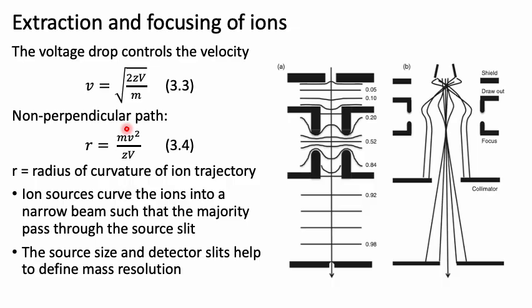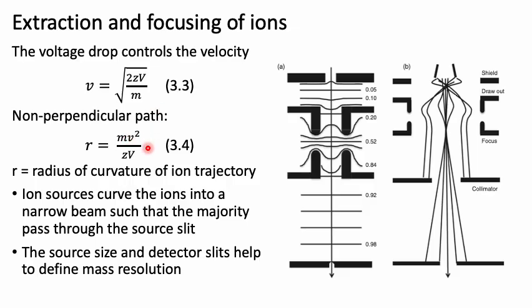And because not all of the ions are having a perpendicular path, not all of the ions are this one in the middle that's going straight through, some of them get deflected over a certain radius and then focused into a collimated beam.